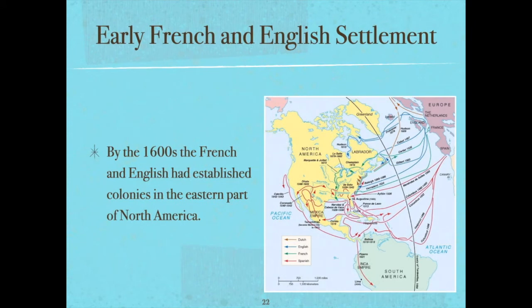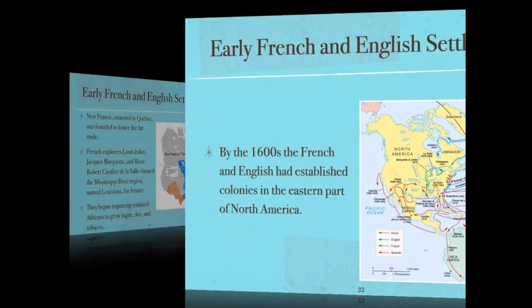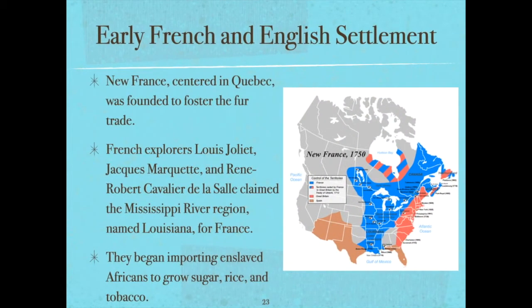Early French and English settlement. By the 1600s, the French and English had established colonies in the eastern part of North America. New France, centered in Quebec, was founded to foster the fur trade.